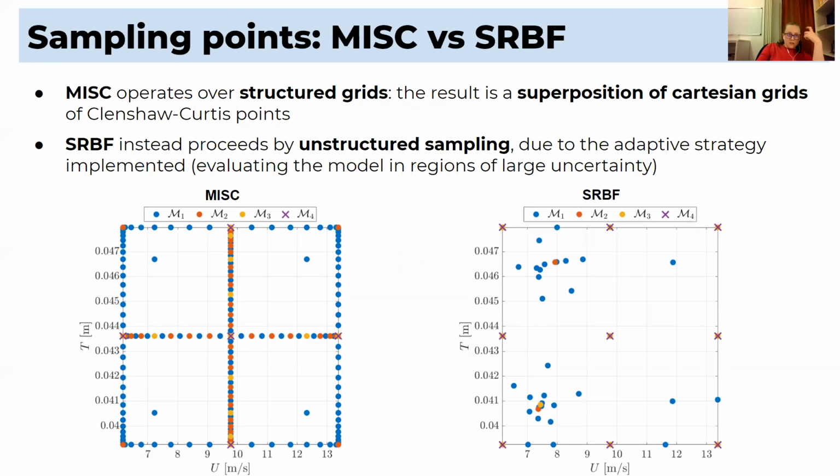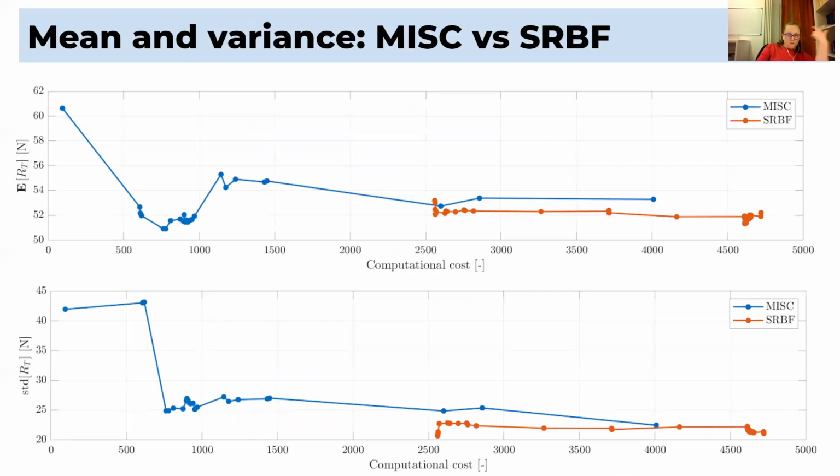So we are ready now to look at the convergence behavior of the two methods. We look at the expected value, and below we have the standard deviation, but let's just focus on the top plot, where the blue curve is the convergence result for MISC, and the red dot is for the results of the SRBF.